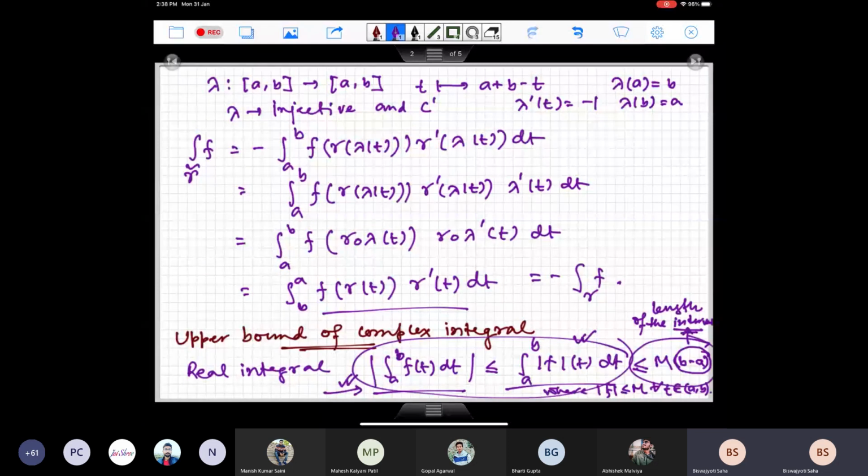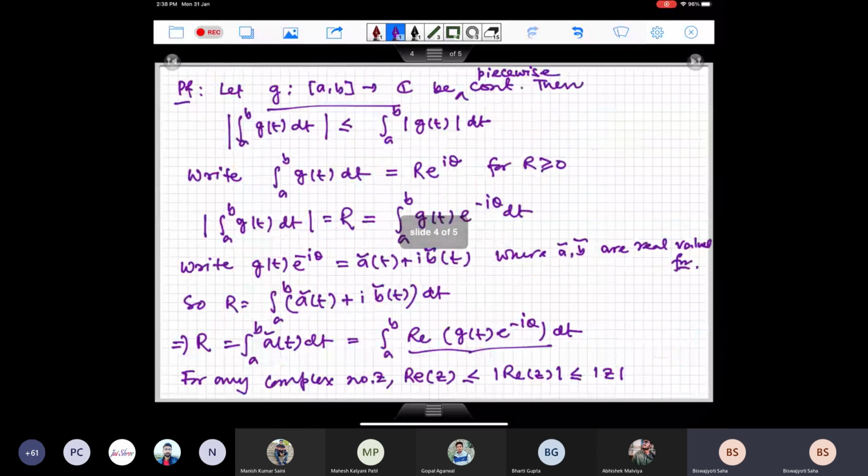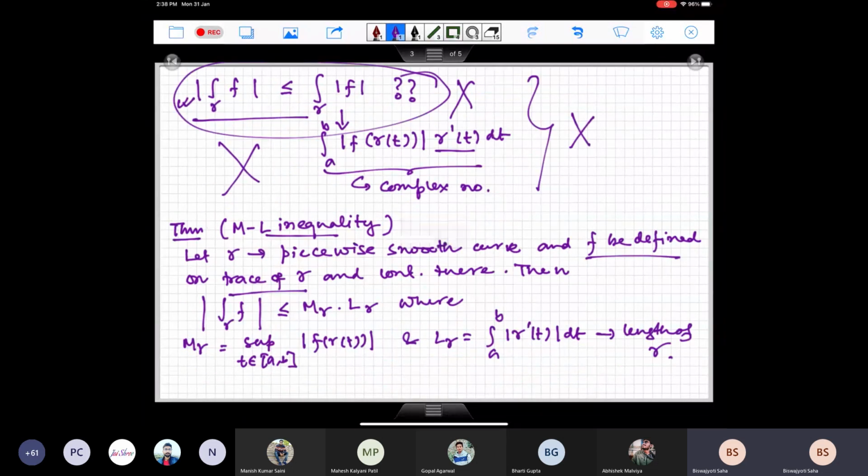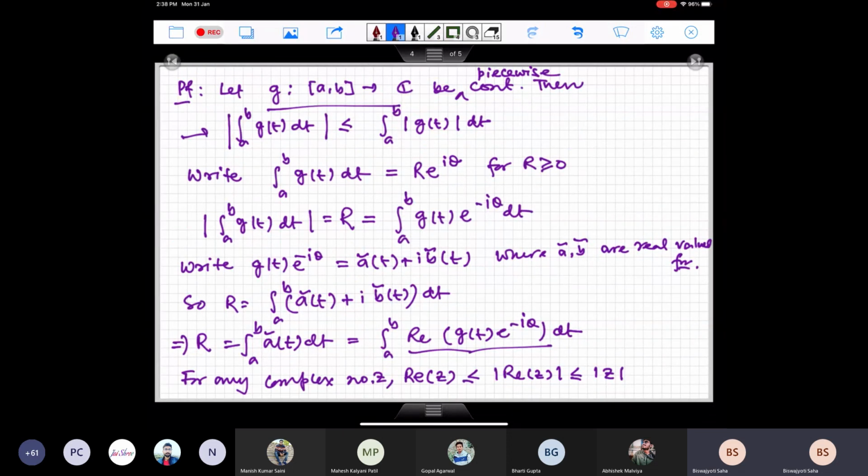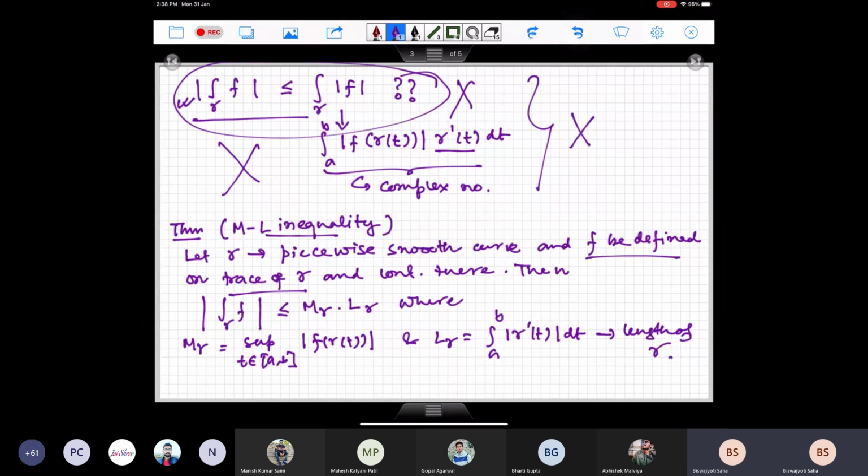We understood in which case we could write down a similar inequality. For example, if my function g is defined on the closed interval [a, b] to C, a complex valued function, then also I can do the same thing. This is slightly different from writing the other one. These are two different things that you need to keep in mind.